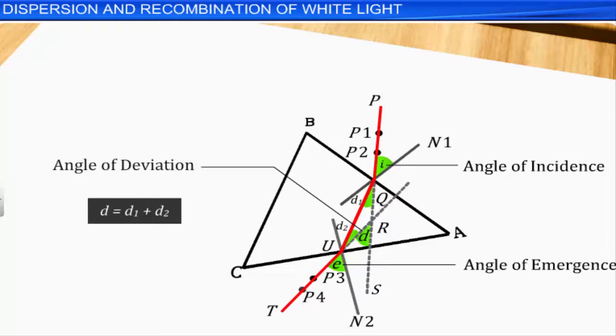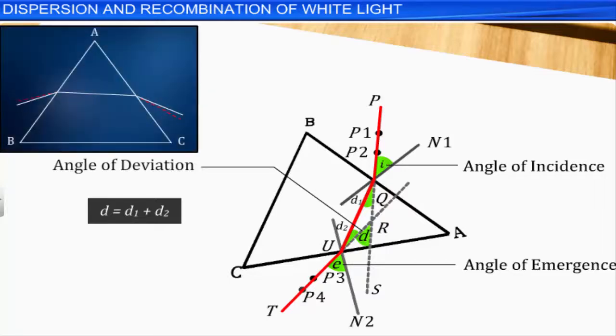Now let us see what happens when the angle of incidence is slowly increased in steps of, say, 5 degrees. Let's calculate the angle of deviation D with every increase in the angle of incidence. You can see that when the angle of incidence changes, the angle of deviation also changes.